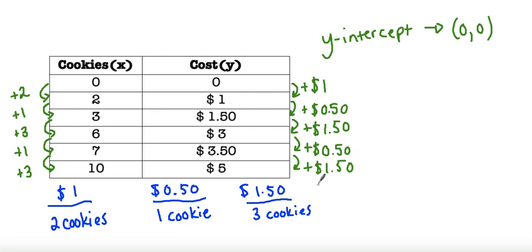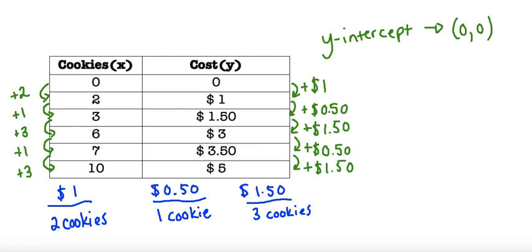And that's it. We have no different values. So $1 for 2 cookies is the same thing as 50 cents per 1 cookie. And then that's the same thing as $1.50 for 3 cookies. So these are all equivalent rates. So our cost per cookie is 50 cents.